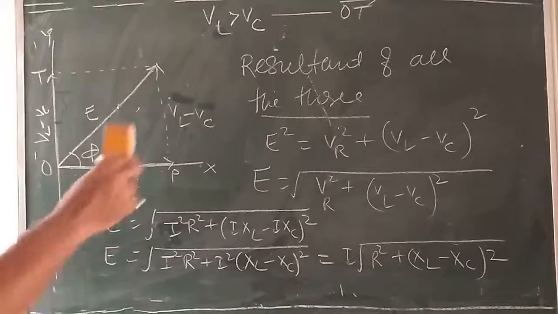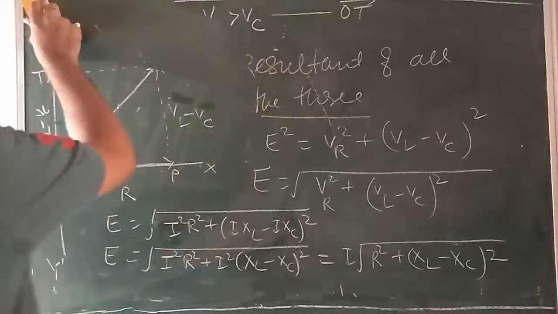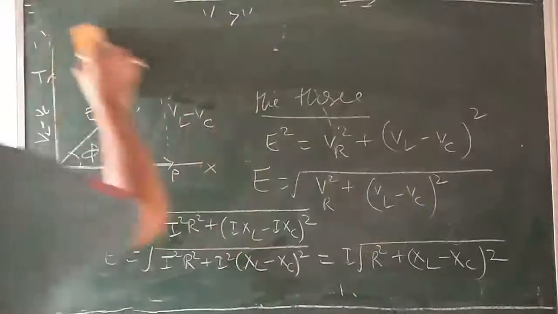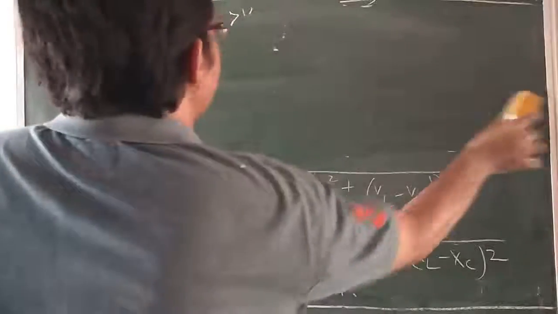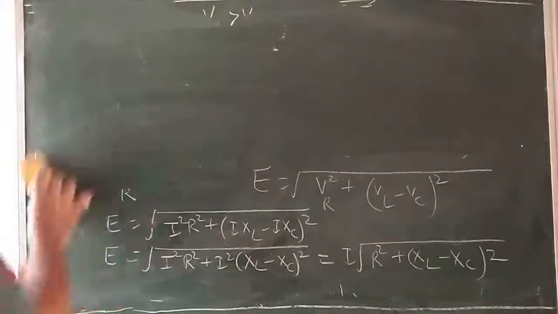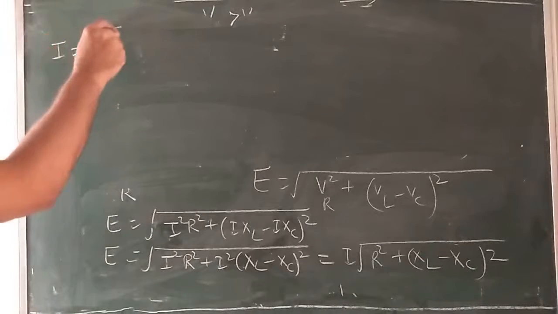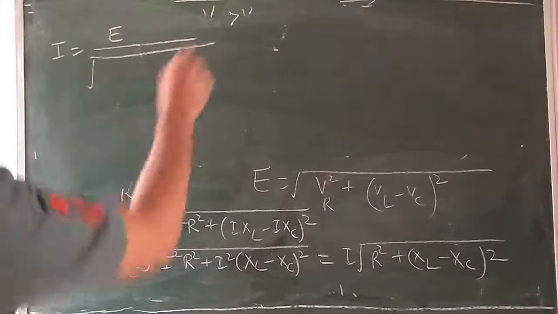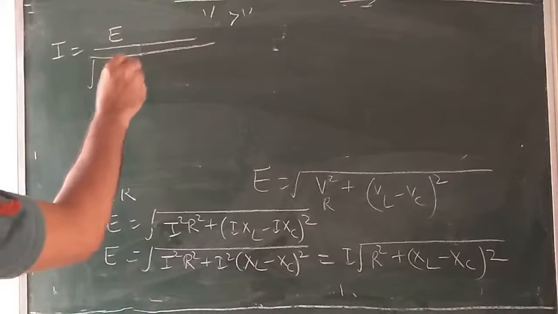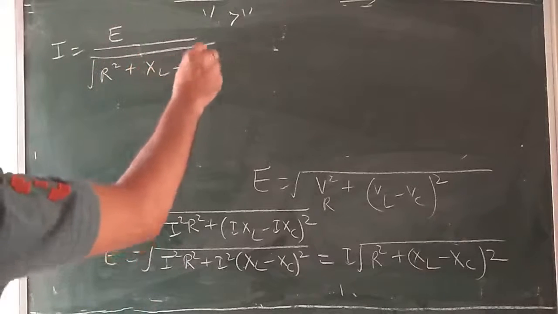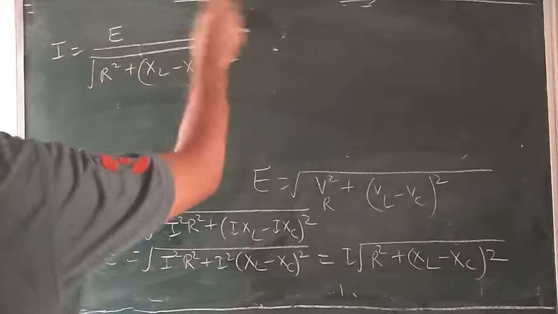So here we can find that I comes out to be E divided by the square root of R square plus (XL minus XC) whole square.